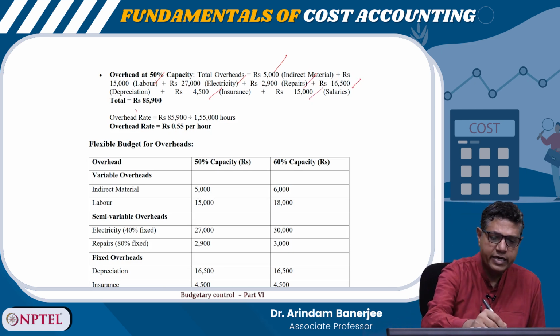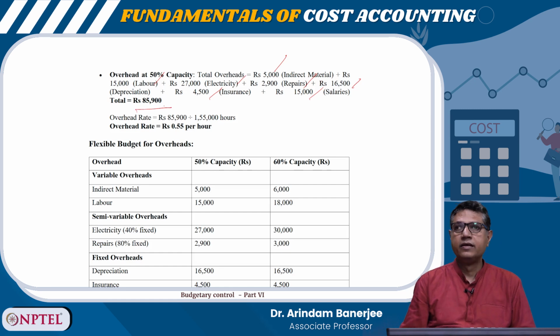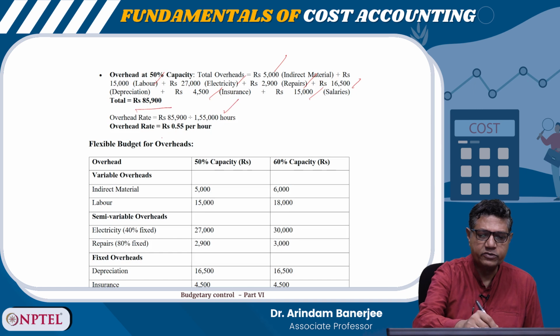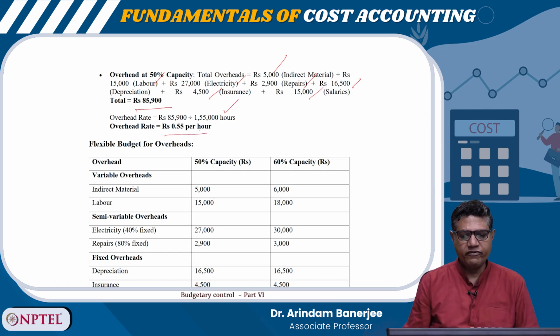So, total is coming to 85,900. This 85,900 divided by 1,55,000 hours comes to 0.55 per hour. So, this will be my overhead rate per hour, okay.